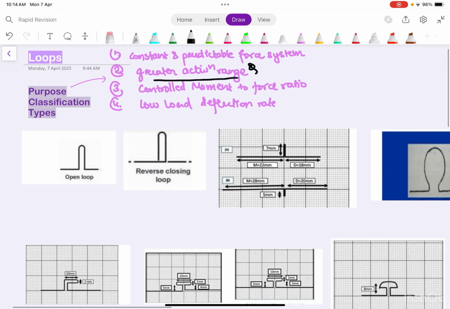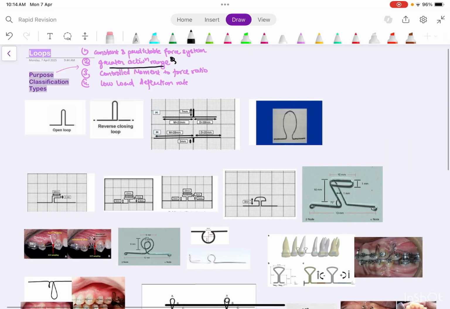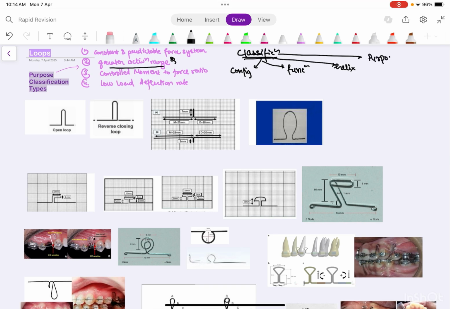Now coming on to the classification. Classification is based on either the configuration, function, presence of helix, and purpose. Configuration can be a vertical loop, a horizontal loop, or a combination.